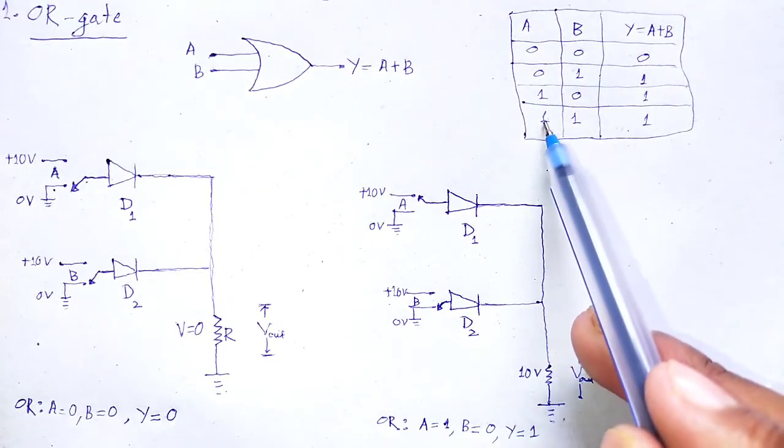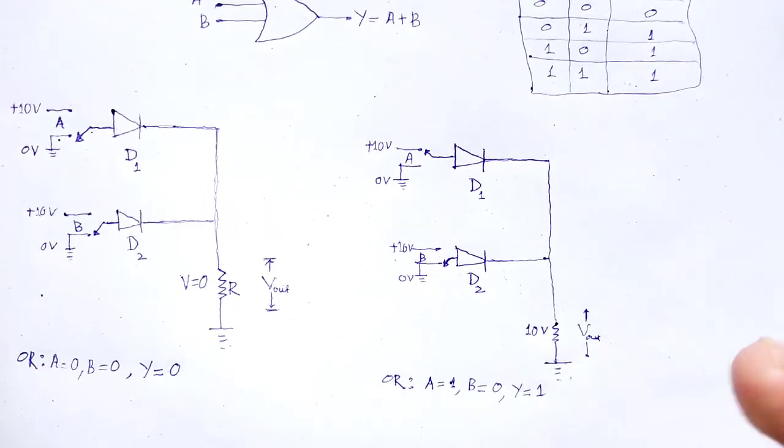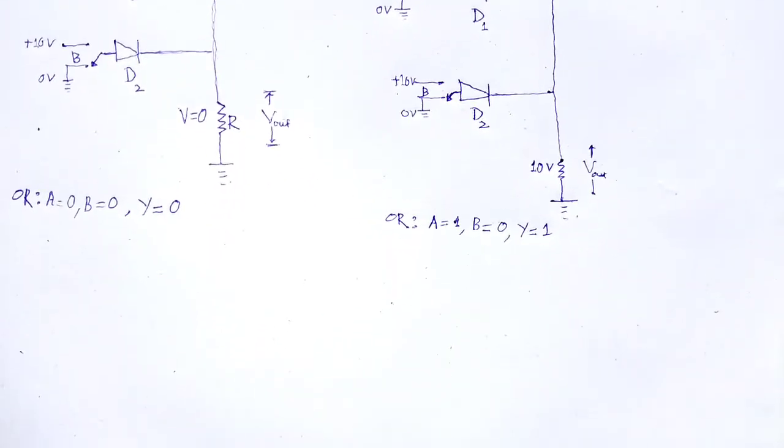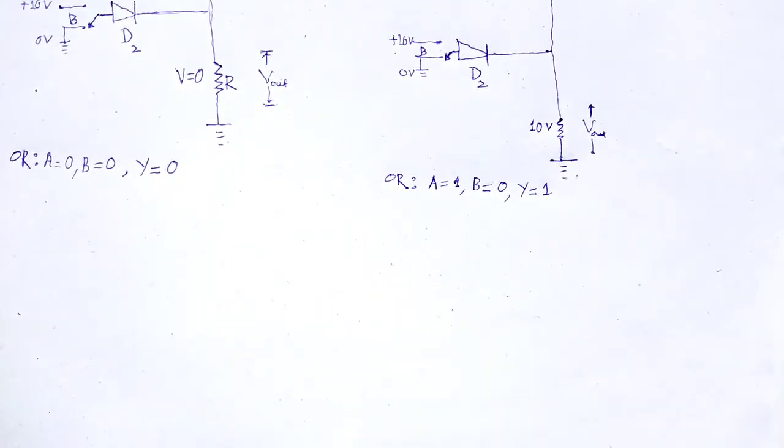Last case, 1 1, two inputs are 1, meaning both diodes are in forward biasing situation.